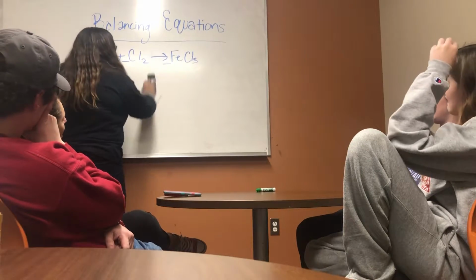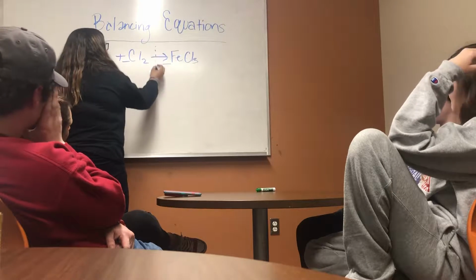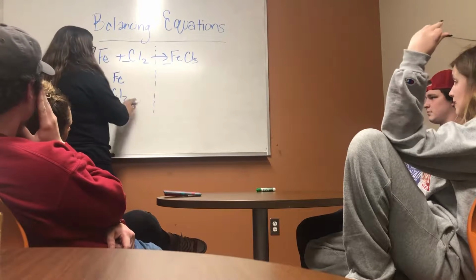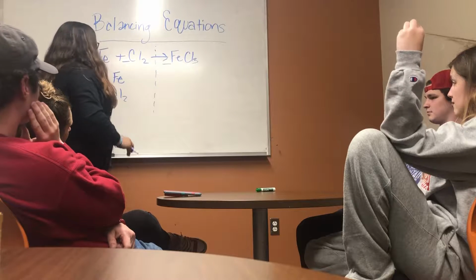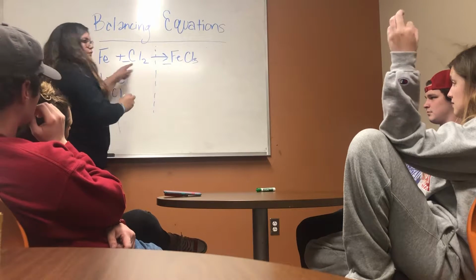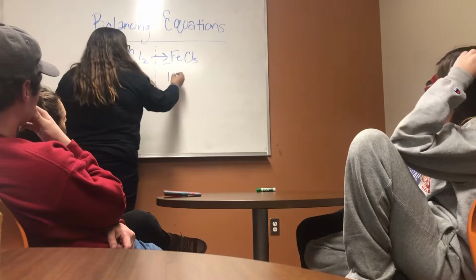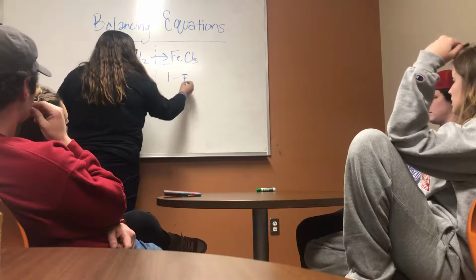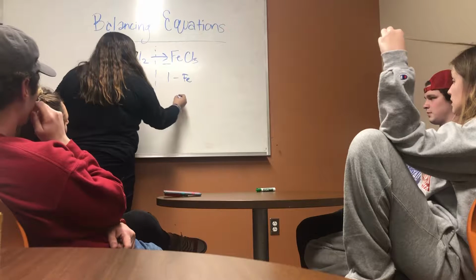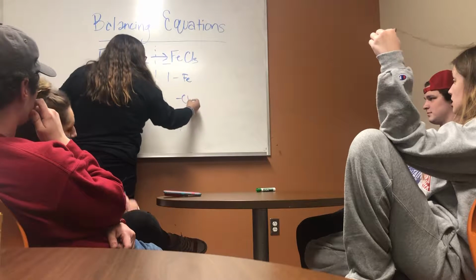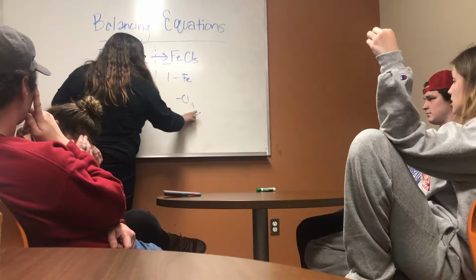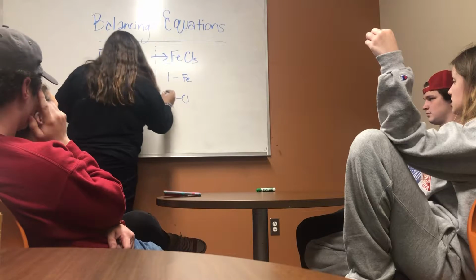We're going to do an imaginary line right through the arrow, so we're going to separate this side. So we have one Fe and we have two Cls. On this side we have one Fe and how many Cls? 3. And we have 3 Cls on this side.